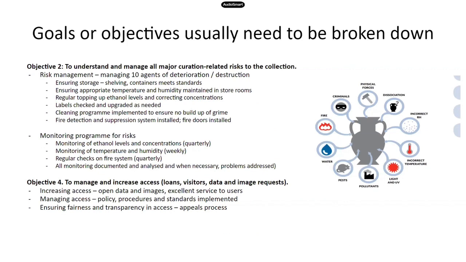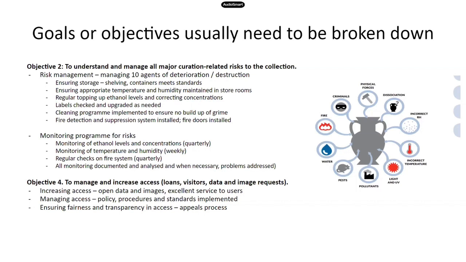Okay, so those goals or objectives, the way they're stated there, are also quite high level. And so you need to break them down further. So if you just look at objective 2, to understand and manage all the major curation related risks, there's a whole lot in there. And so you need to break it down. So this is the risk management, managing the 10 agents of deterioration and destruction.